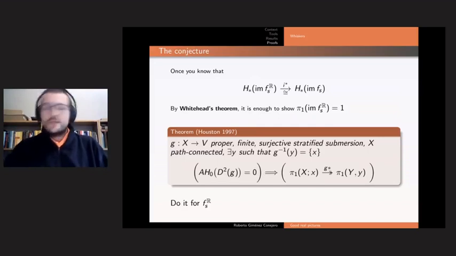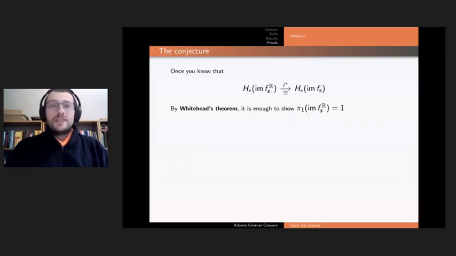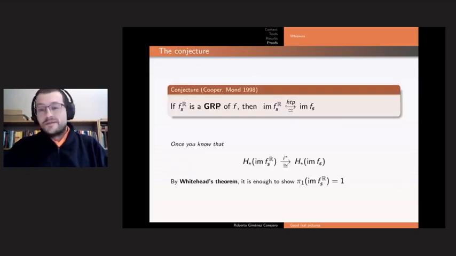And what you're going to have is that the fundamental group of Rn, which is trivial, surjects into the fundamental group of the real image. Then it has to be 0. It has to be trivial. This is exactly what we want. So this concludes the proof of the conjecture.